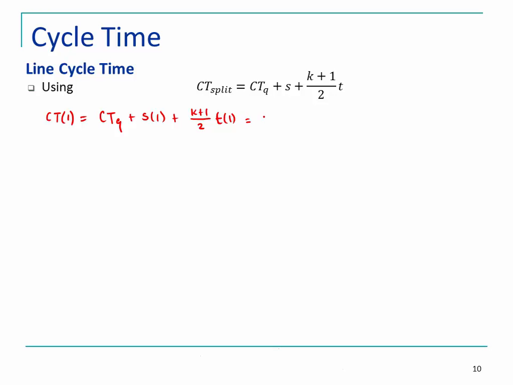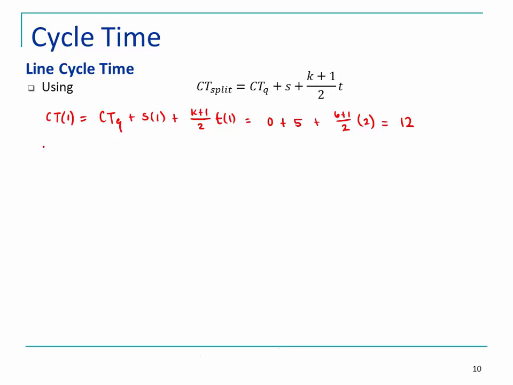For this first station, the time in the queue is 0. The setup time is 5. And we have batches of 6, so (6 plus 1) divided by 2 times the processing time for that first station. This is going to be equal to 12. The queue time is 0 because there's no variability in the system. Okay, so that's why I'm using 0.